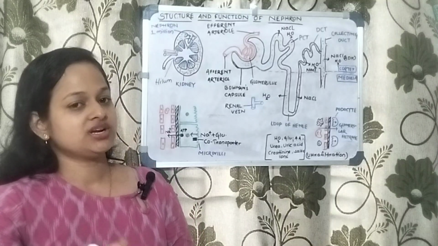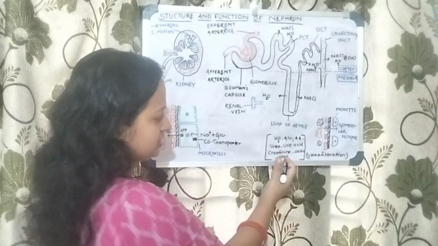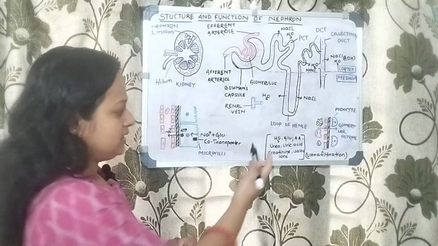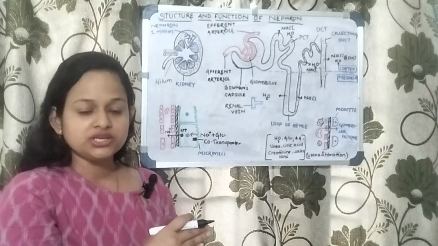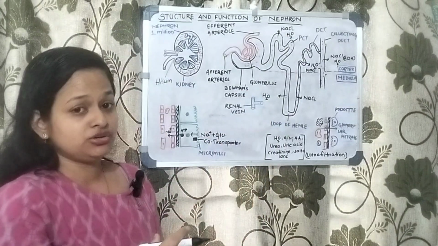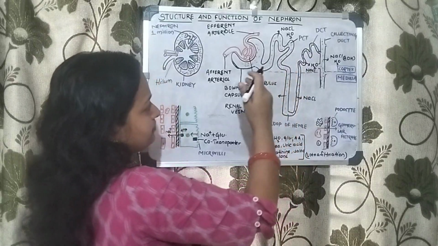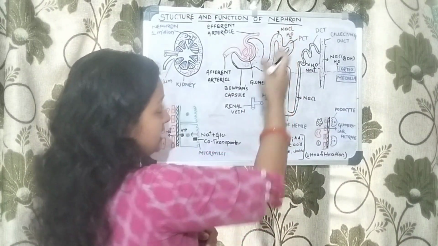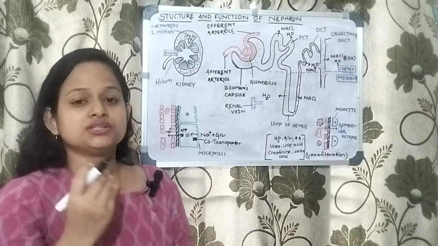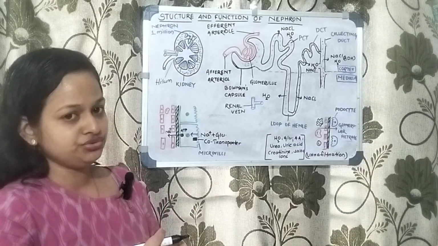We can see that the ultrafiltrate contains some useful substances for the body in this tubular fluid, so they have to be reabsorbed into the blood through this tubular part of the nephron. In this proximal convoluted tubule, sodium and the excess amount of water will be reabsorbed from this part, and some amount of nutrient is also reabsorbed into the blood.